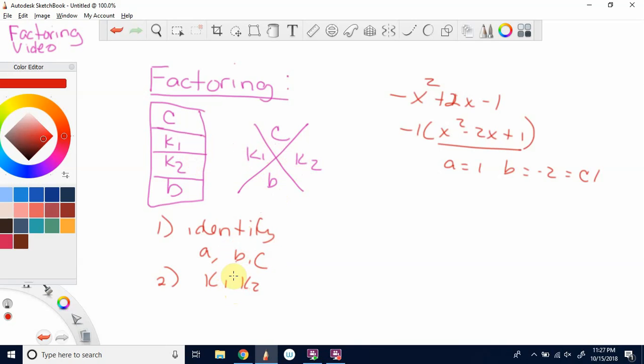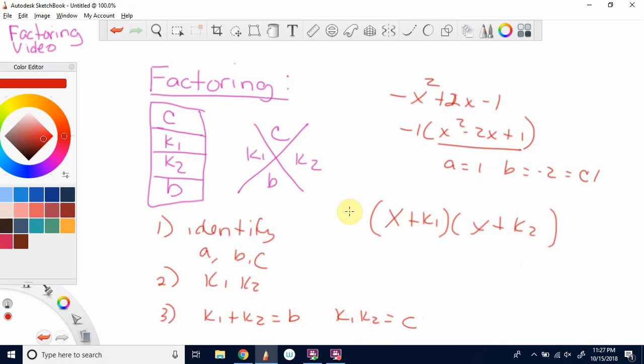Once we find K1 and K2, we check to make sure K1 plus K2 equals B, and K1 times K2 equals C. So we check that. Once we do that, then it's simply x plus K1 times x plus K2, and now we've factored. How do we check if we factored correctly?